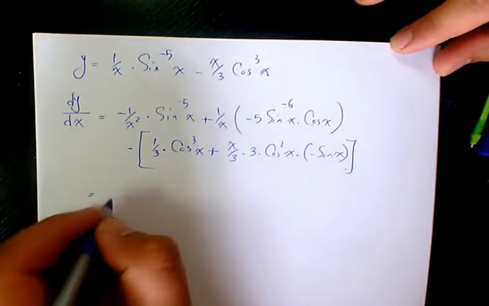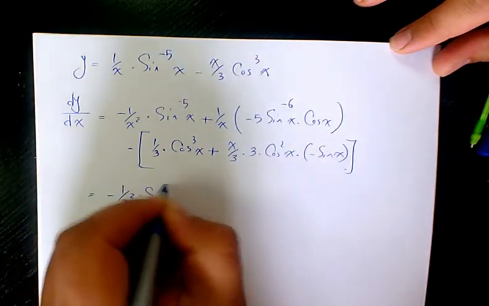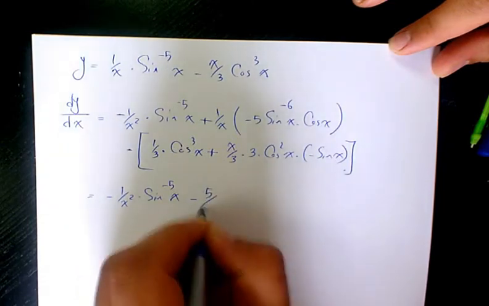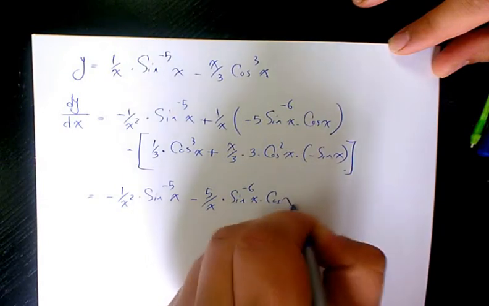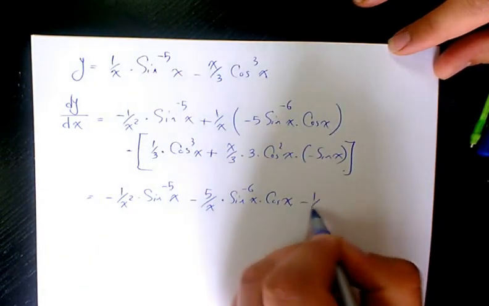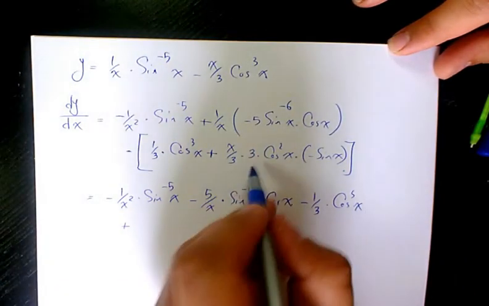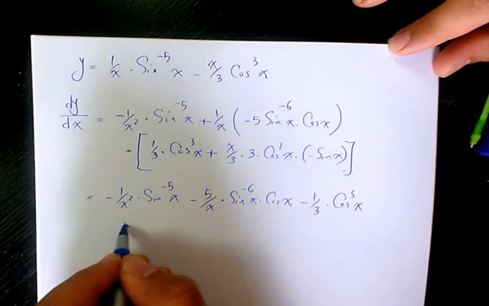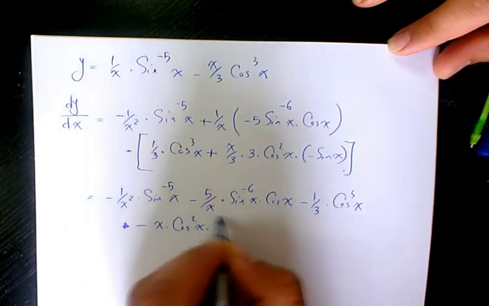So that's going to be negative 1 over x squared sine to the power of negative 5x minus 5 over x sine to the power of negative 6x cosine x minus 1 over 3 cosine to the power of 3x plus, 3 and 3 cancel out, and here we have negative instead, x times cosine squared x sine x.